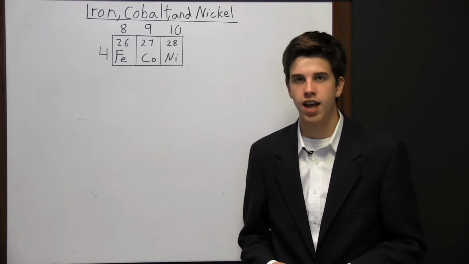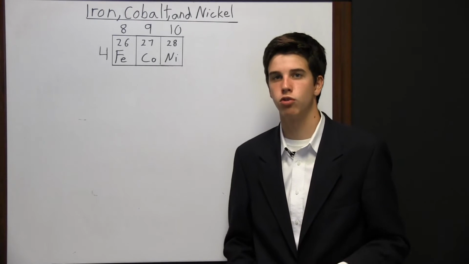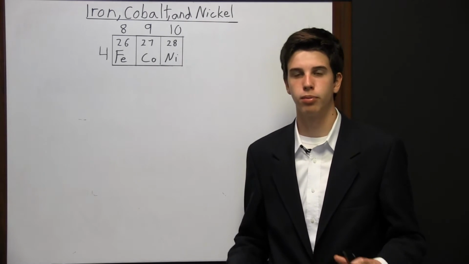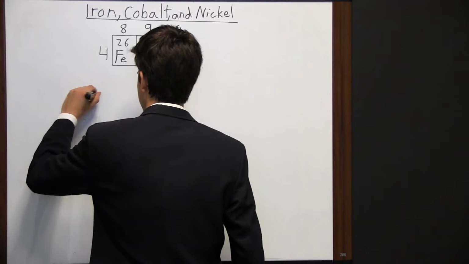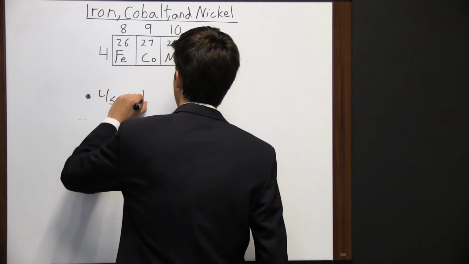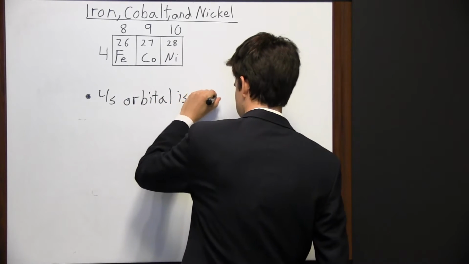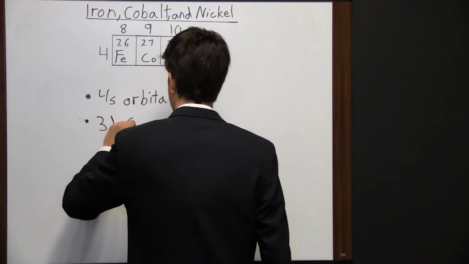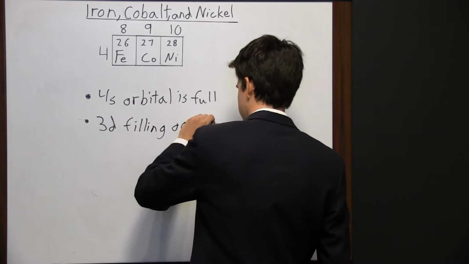In this section, as the atomic number increases after the s orbital is filled, the electrons are filling the d orbitals from the previous energy level. So basically, once the 4s orbital is full, 3d filling occurs.